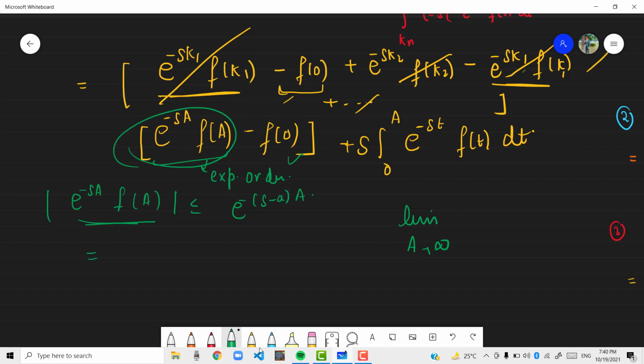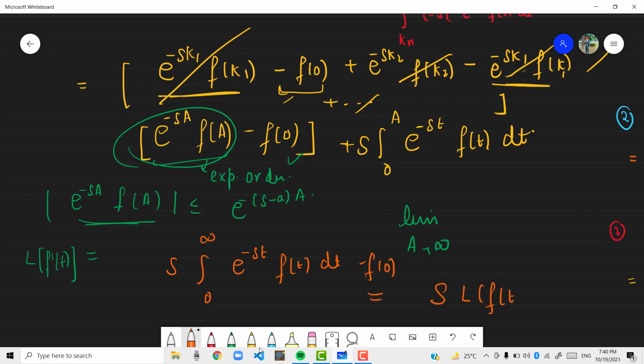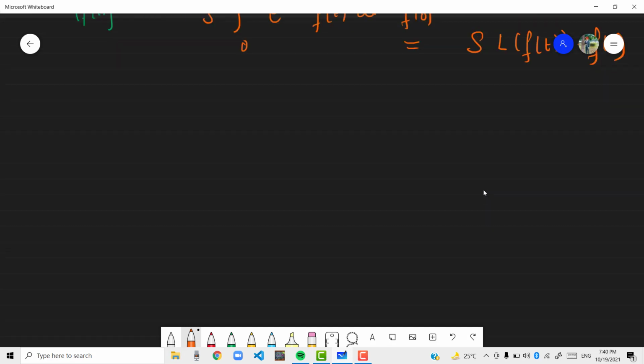And you will get that Laplace transform of f dash t is equal to s into the integral from 0 to infinity, e raised to power minus st f t dt minus f0, which will exactly equal s into Laplace of f t minus f0. So this is the proof of this thing. You can calculate the Laplace transform of any derivative of any function using this formula.